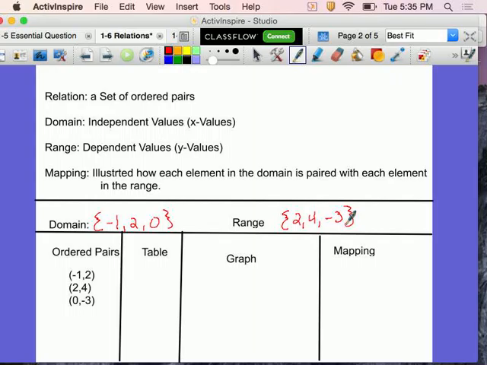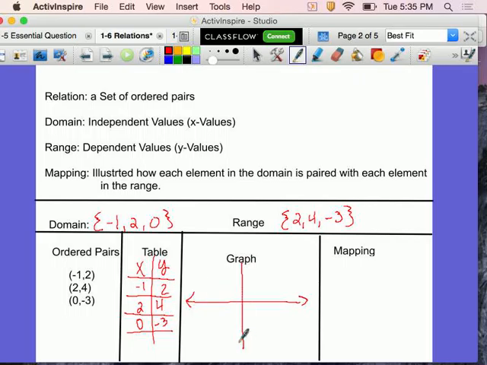Okay, and then the table, you know there's an XY table. So that's just putting your ordered pairs into your table. So -1, 2, 2, 4, 0, -3. Graphing them means plotting those coordinates, making sure you make a neat graph with a solid representation with even intervals, so that it is more like a ruler.